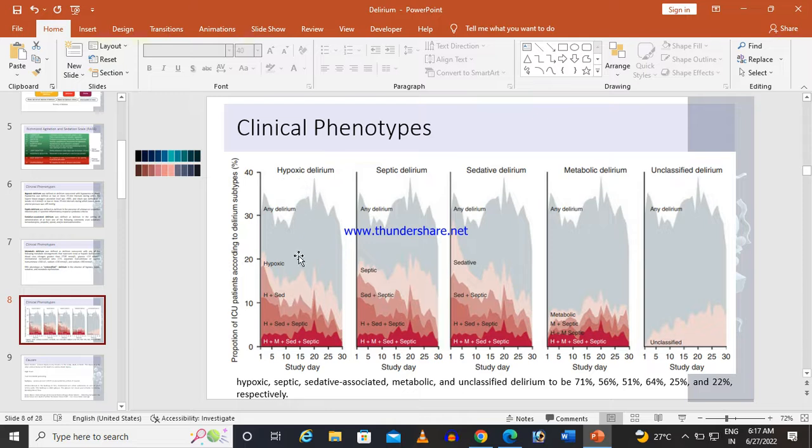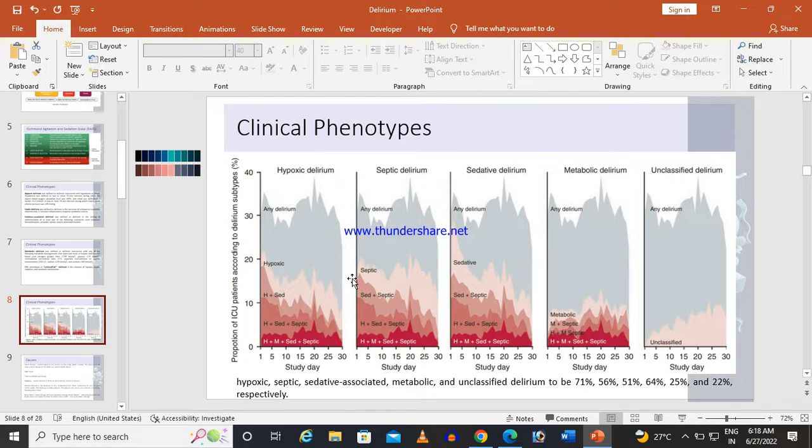In the first figure, the x-axis is study day and the y-axis is the percentage of delirium subtypes. You see here, in the first figure, the hypoxic delirium is dominant, and each is represented in a different color.